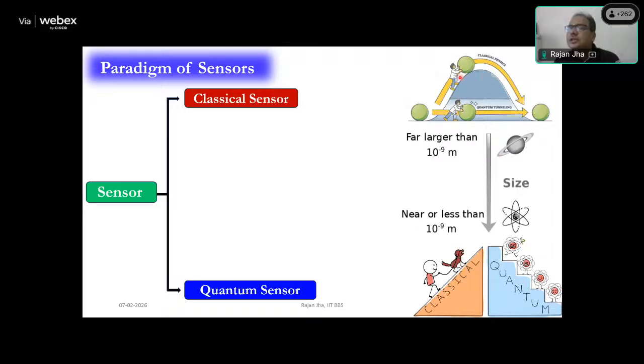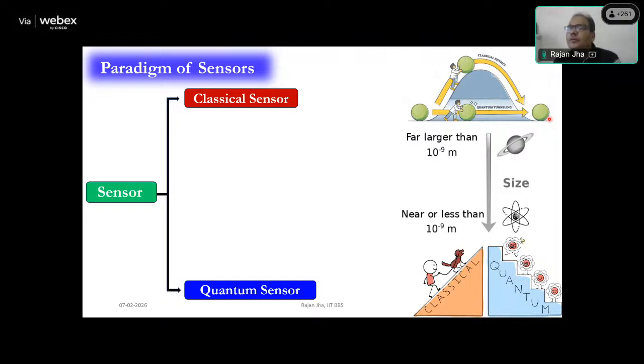This is what is called the classical physics picture, where you can calculate. Newtonian mechanics allows you to calculate the position of the ball here and the energy associated with the ball. Whatever energy you have here gets converted into potential energy, then it slides down, gets into kinetic energy, and finally again has some potential energy.